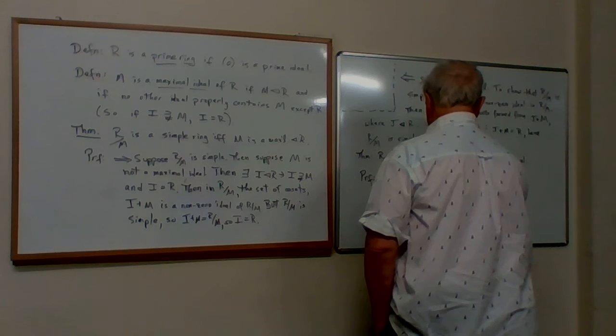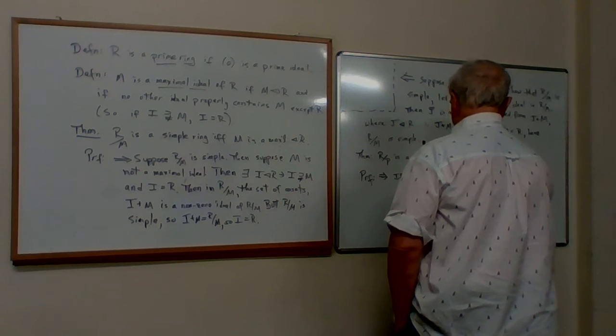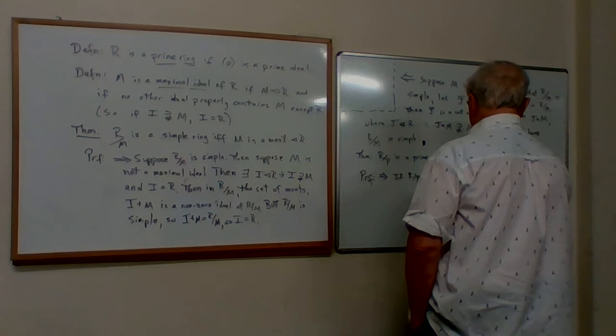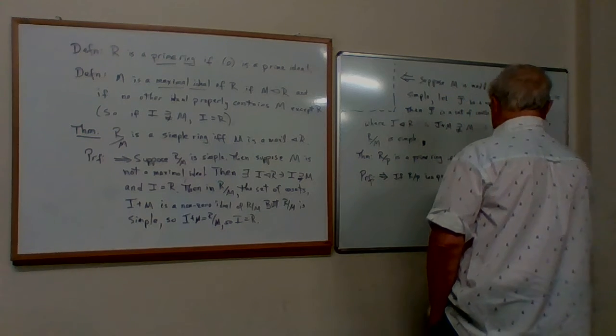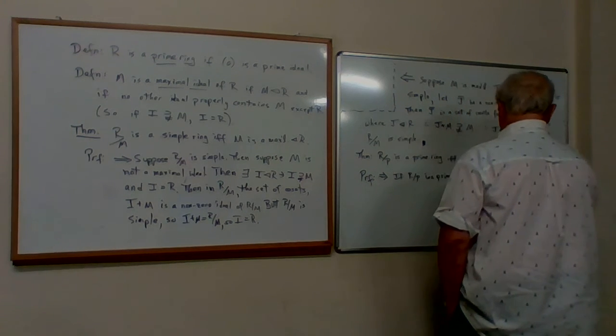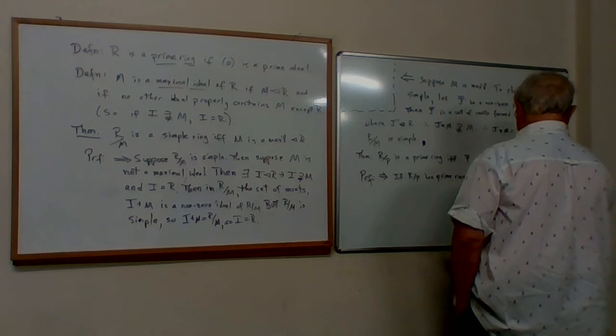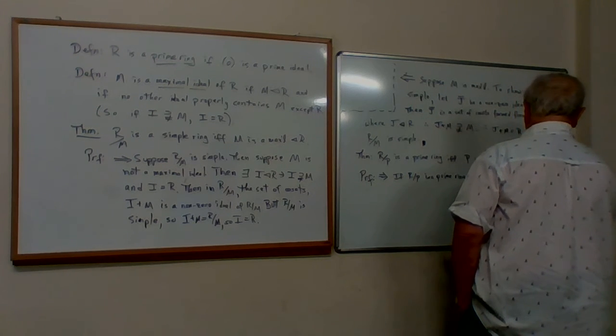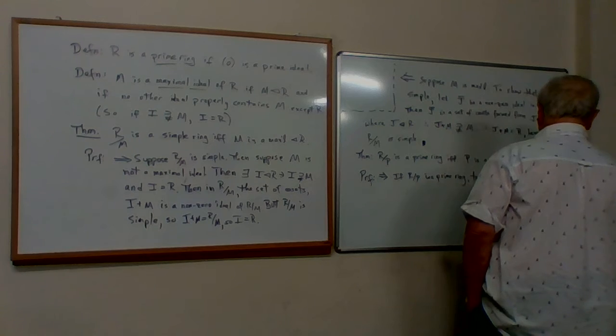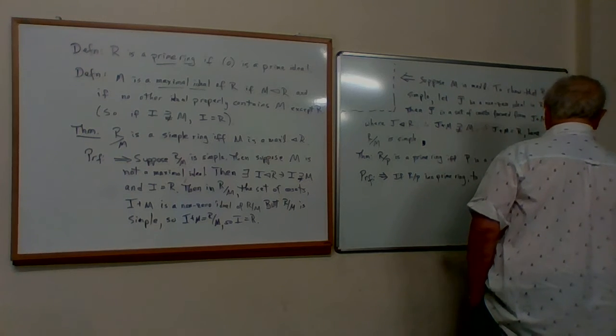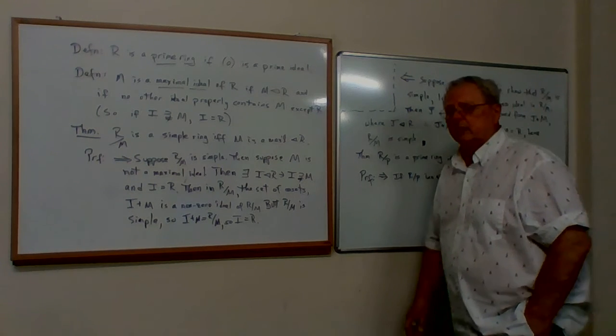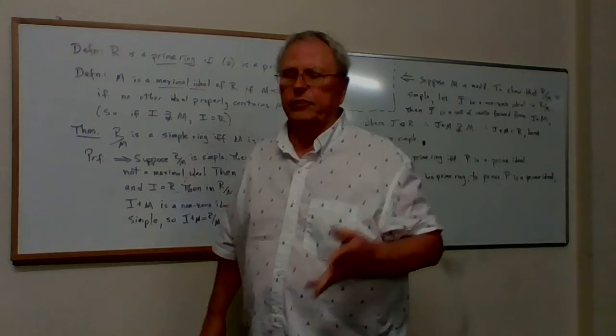So if R mod P is a prime ring, to prove P is a prime ideal, now what's the definition of a prime ideal? We take everything back to the definition.